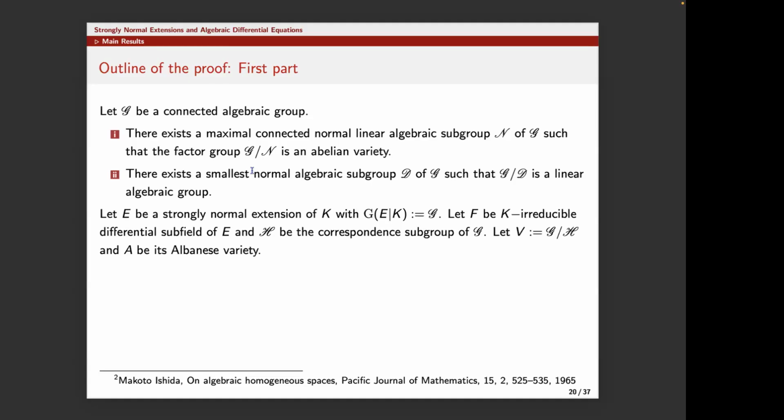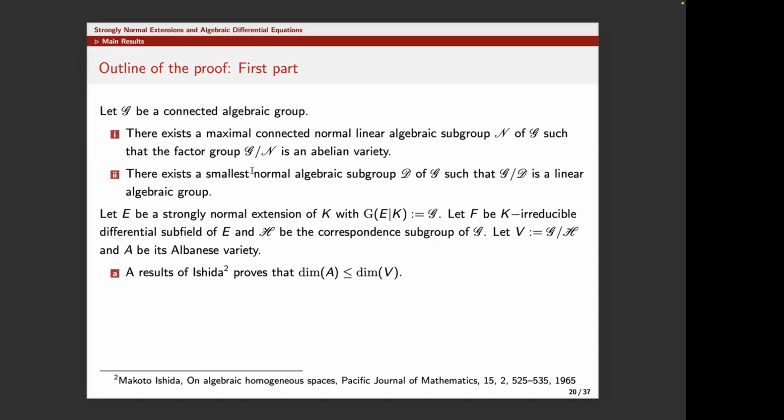Now let E be a strongly normal extension with Galois group G. Corresponding to this structure theorem, there is a structure theorem for this strongly normal extension. If F is an irreducible differential subfield of E, and H is the corresponding subgroup of G, we consider the homogeneous space V equal to G mod H, and let A be its Albanese variety.